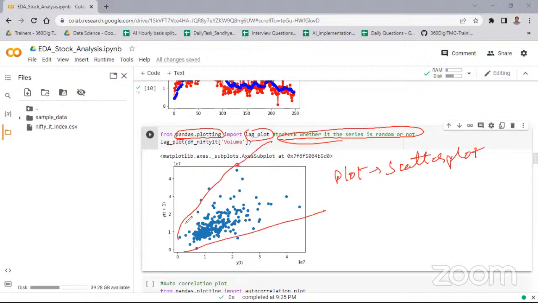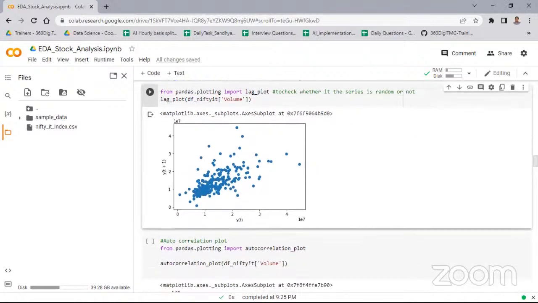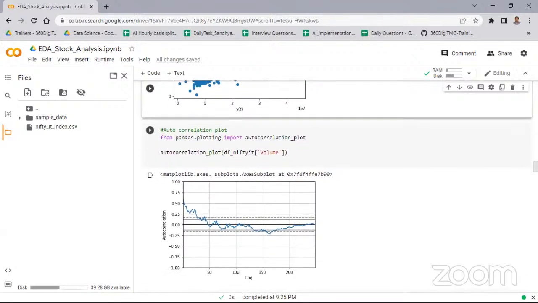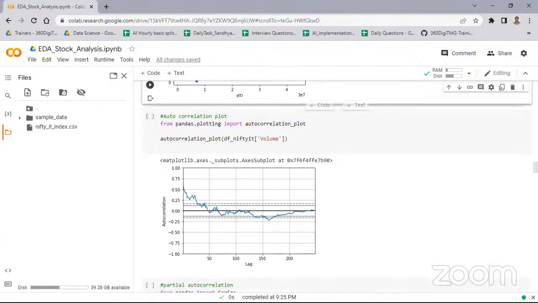You can see that this is a region with more variations, and going forward it will have more variations. I'm talking about the amount or volume you have at the end of the day. So with autocorrelation, we are checking the correlation between the volume and the other values.